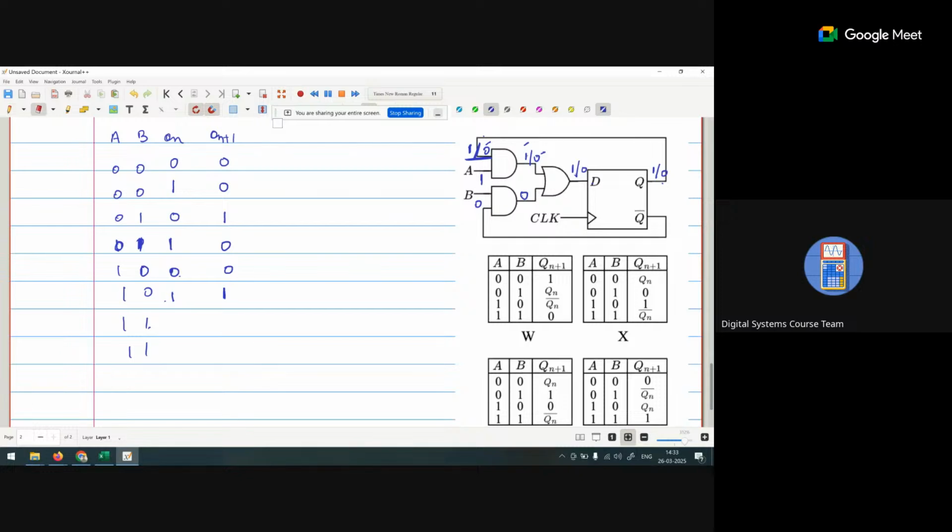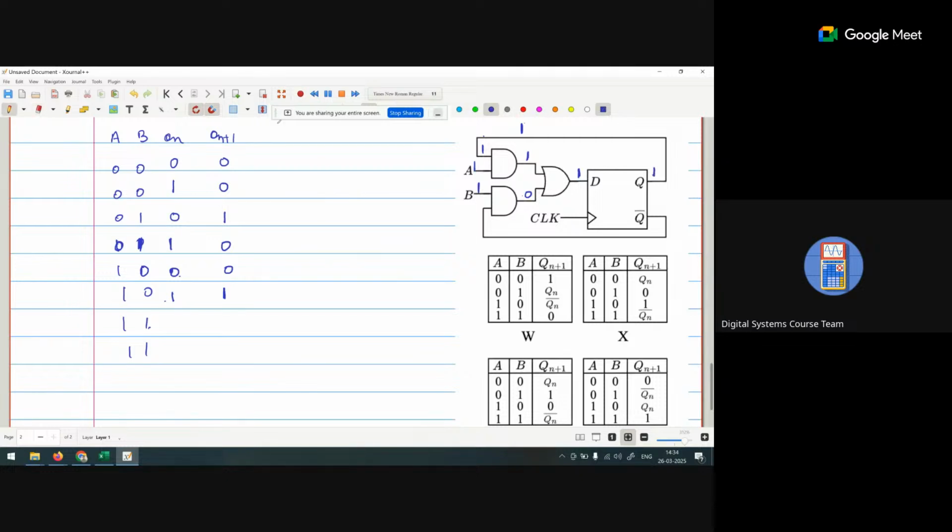Okay, and finally the last case, both are 1 1. Now it is dependent on Qn. If Qn is 1, so 1 here, we are getting 1 here, we are getting 0 here, 1, and it becomes a 1.